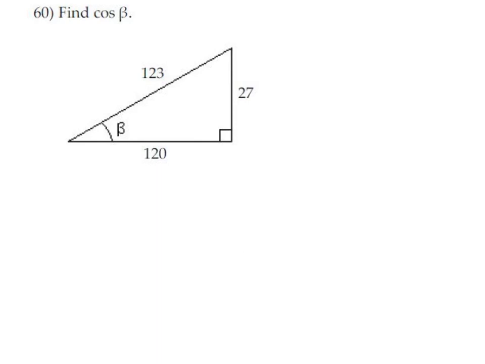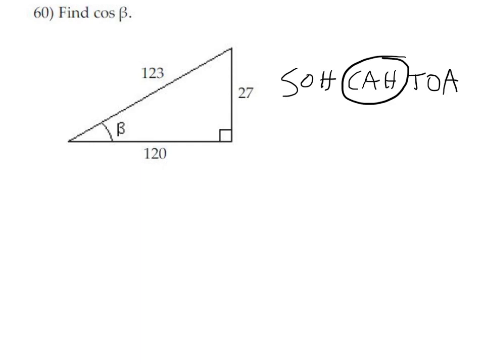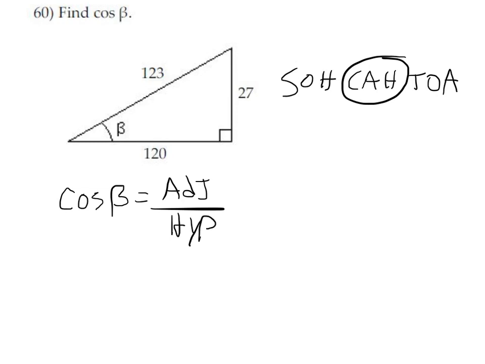Find cosine beta. Well, from SOHCAHTOA, we see that cosine is adjacent over hypotenuse. Cosine beta is adjacent over hypotenuse.